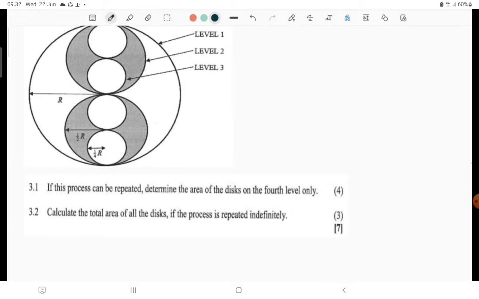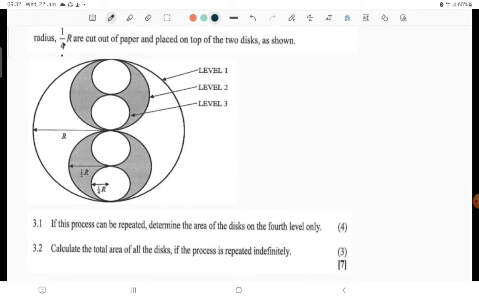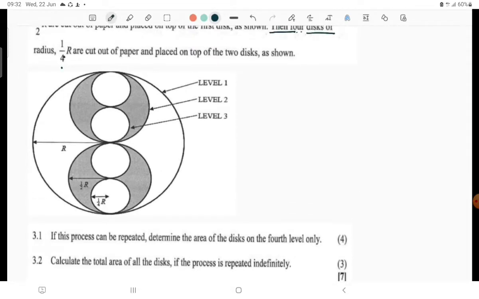Now, if the process can be repeated, which means when we repeat the process, we are going to apply the very same thing from the biggest circle or disc to other discs that are going to be placed on top of the existing discs.